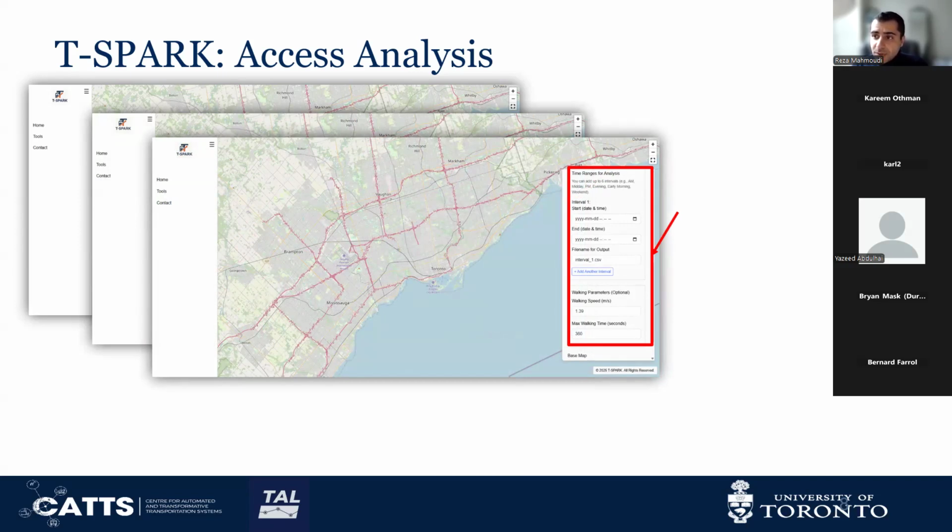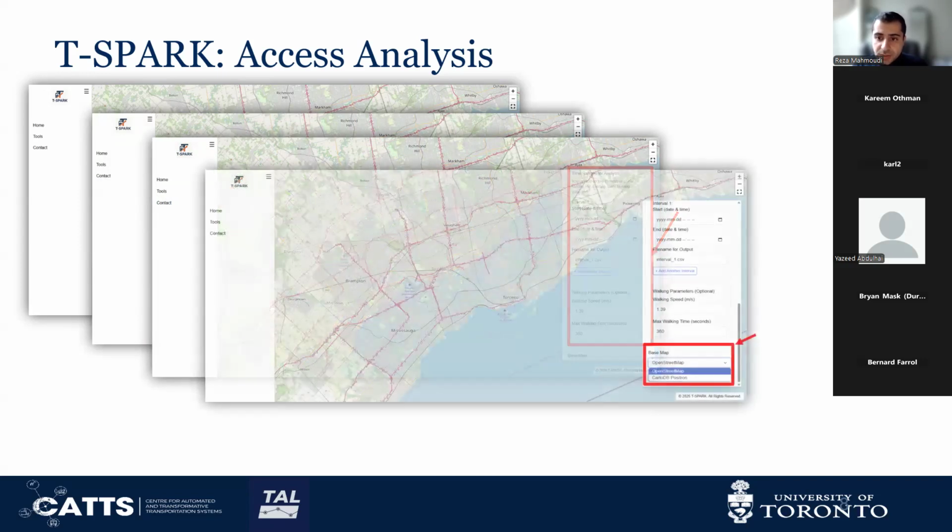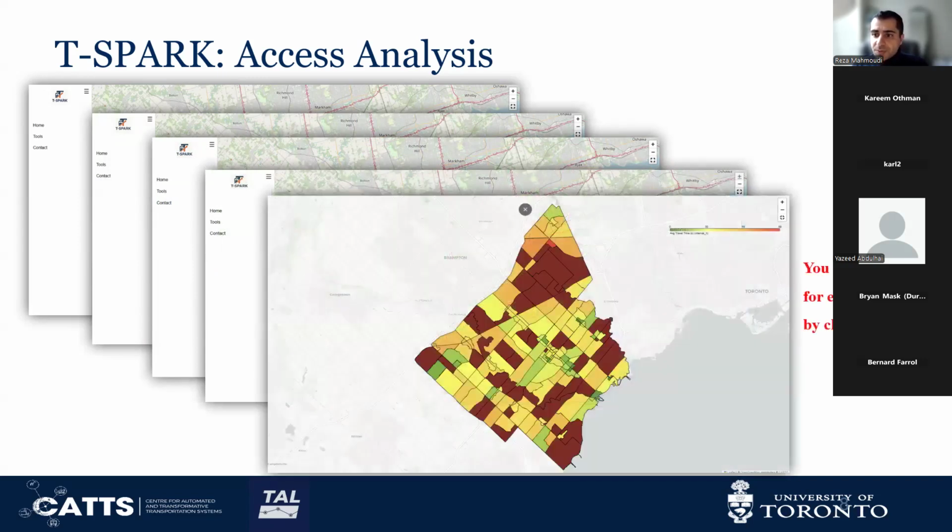You set the parameters for the users, and then you choose the base map format for your analysis and just run T-Spark. And you will see the results of the access for the zones that you have selected. T-Spark enables you to do your analysis at different levels of zones, like a TAZ level and any other zonal level that you have data for.